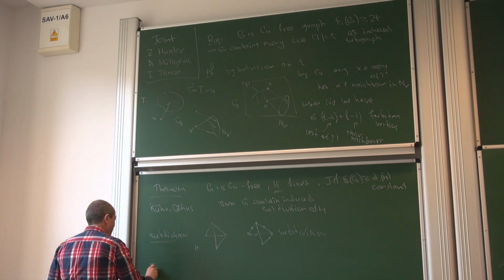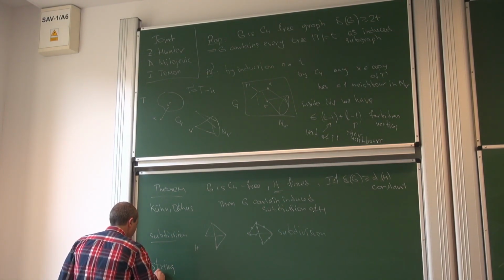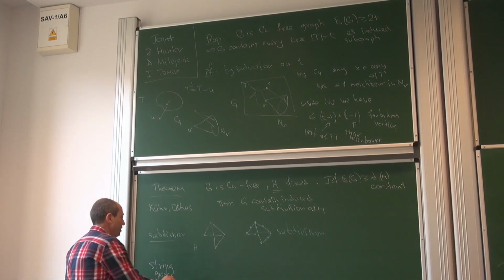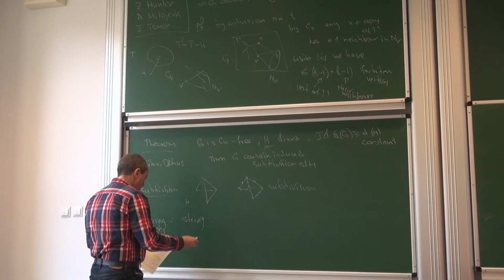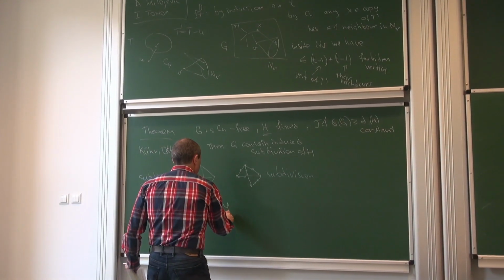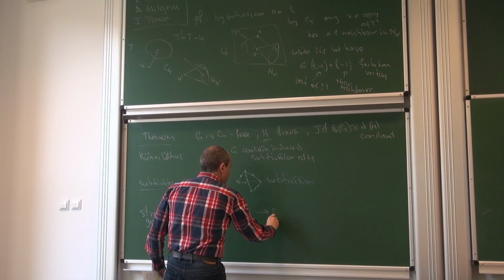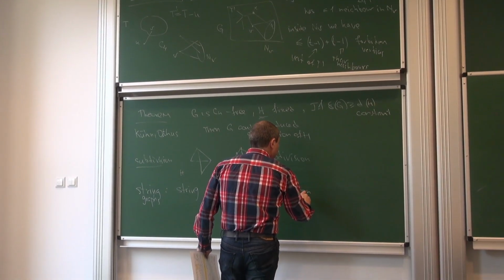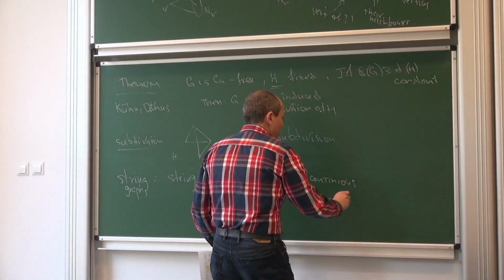One class which I want to discuss is so-called string graphs. So what is a string? So a string is just a continuous curve in the plane, right? So you take [0,1] to R², a continuous curve.